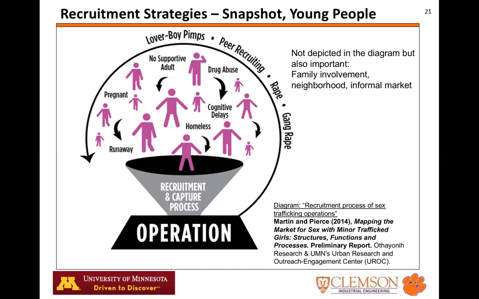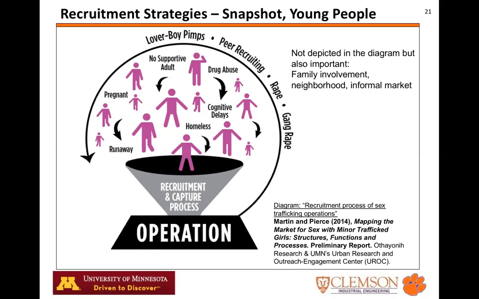And it's also showing different tactics that we found in law enforcement documents. So this lover boy pimps, that's what it was called in the documents, but that's essentially manipulating, alternating love and violence. Peer recruiting is, we know that there are ways in which peers bring their peers into operations.